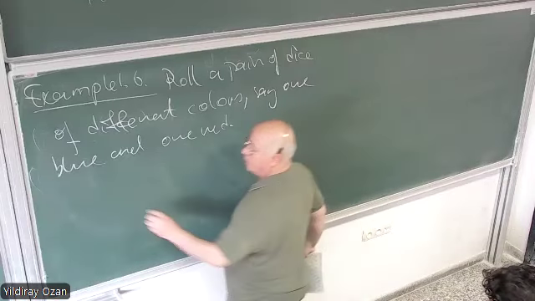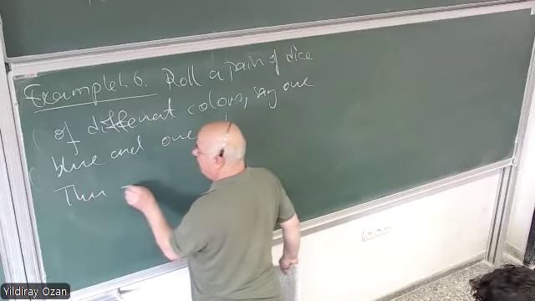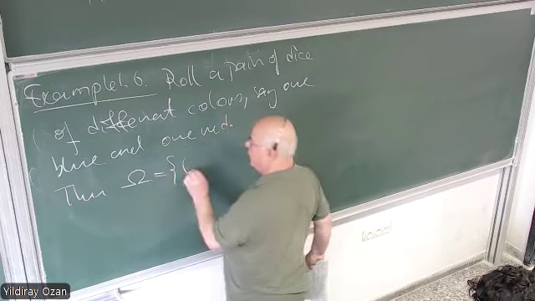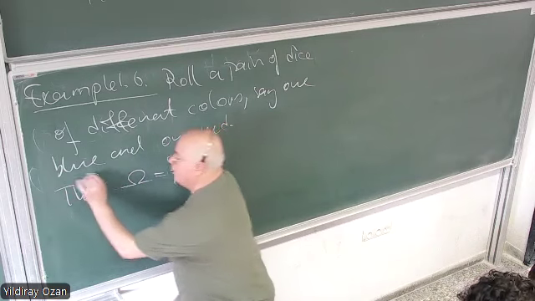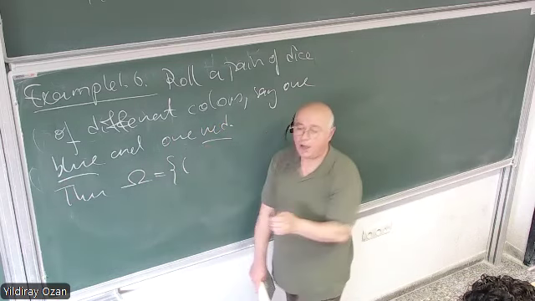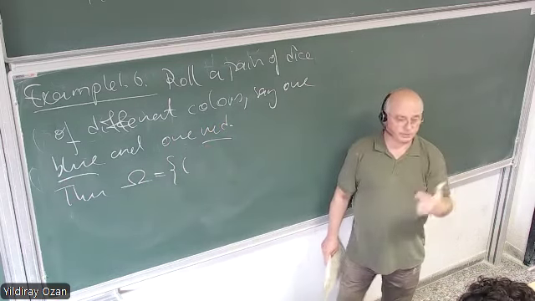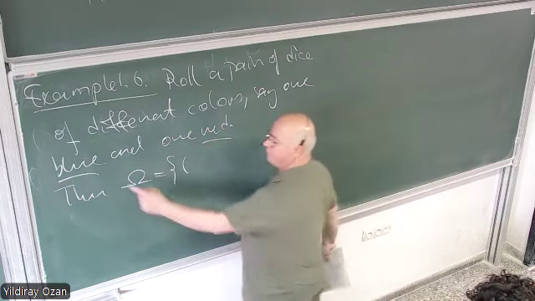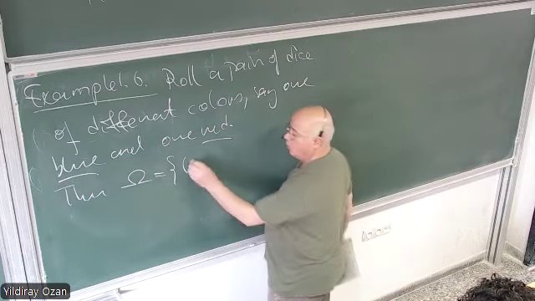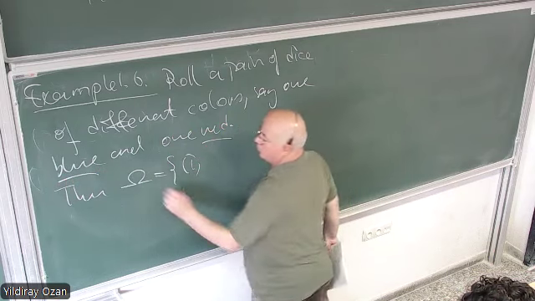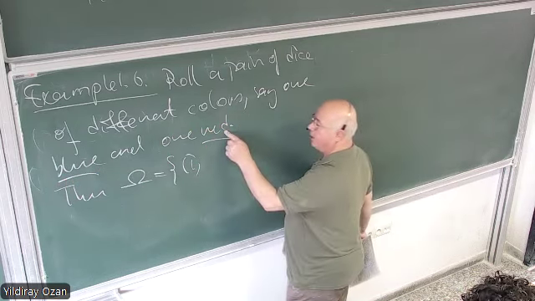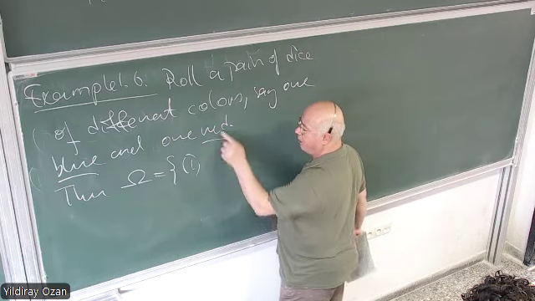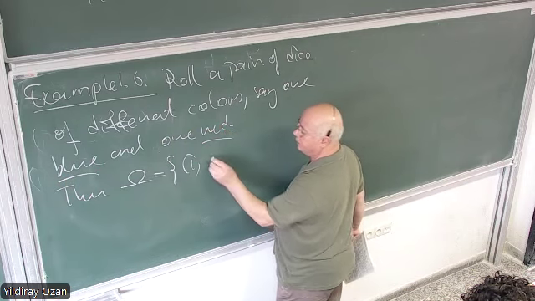Then the sample space, okay, we give different colors so that the outcomes are ordered pairs. Suppose I write first the number on the blue die, and then in the second coordinate I write the number on the red die.